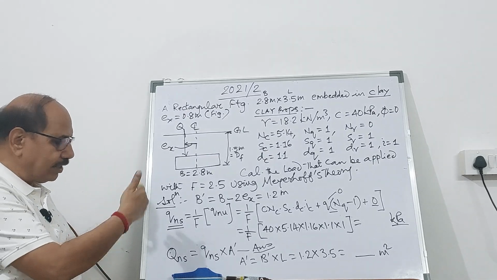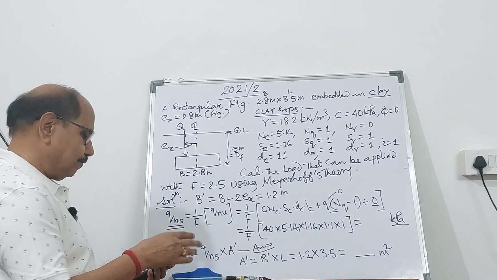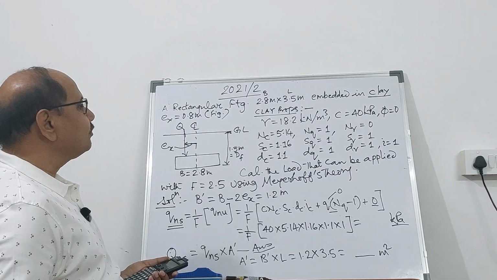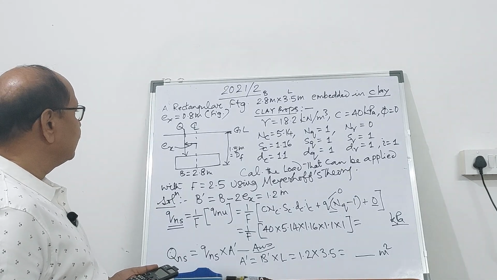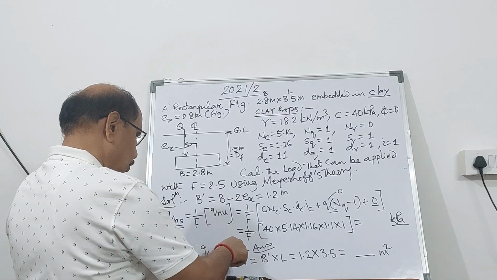Net ultimate divided by factor of safety. So if I calculate it, the calculation becomes quite simpler. Factor of safety is given to me as 2.5.